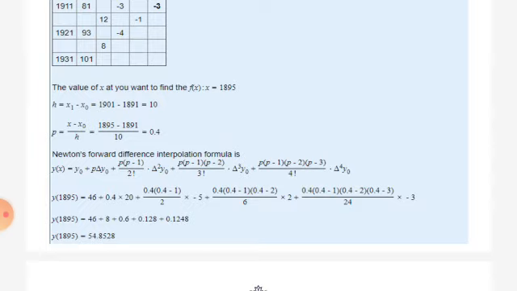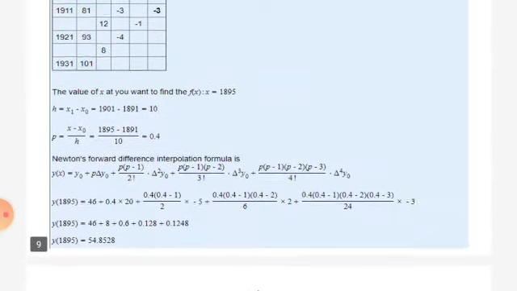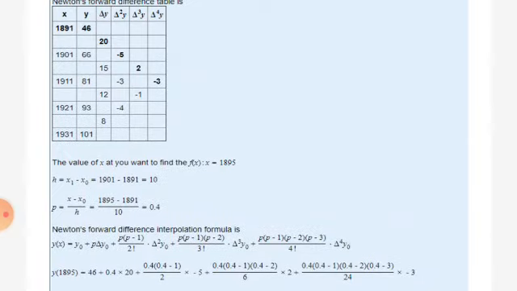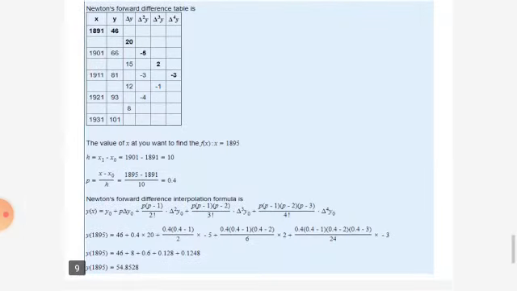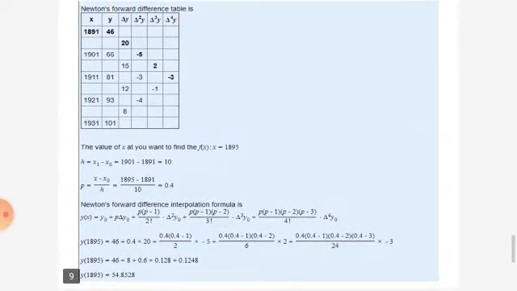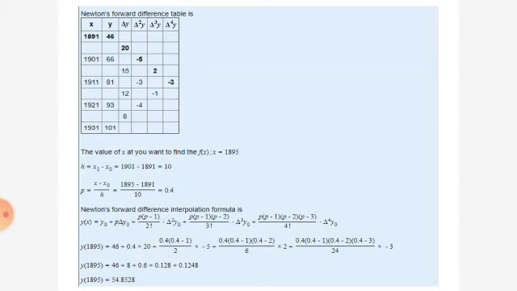It is the answer. We have solved this by Newton's forward interpolation formula. So we have seen the first numerical problem, and we will discuss the next question and some practice questions further. Thank you very much.